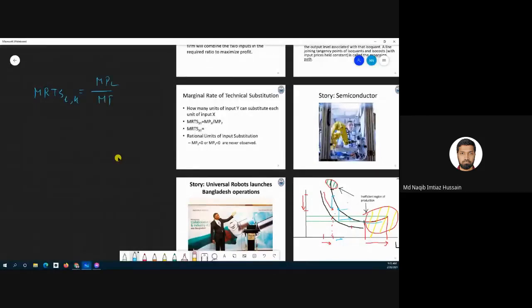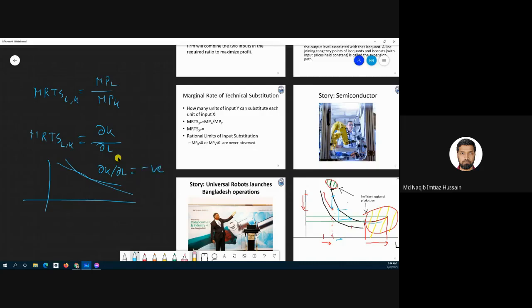MPL by MPK, and you have also found this del K by del L, right? But if you look at this isochrone line, always if you take del K by del L, this will turn out to be negative in the most operational cases.